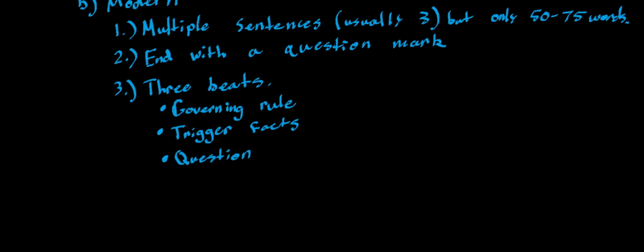So I am going to show you an example of a modern issue statement using the case of Gideon versus Wainwright, which was a really important Supreme Court case that ensured that people who were charged with a crime, who were too poor to afford an attorney, would be able to have the court appoint an attorney to represent them.